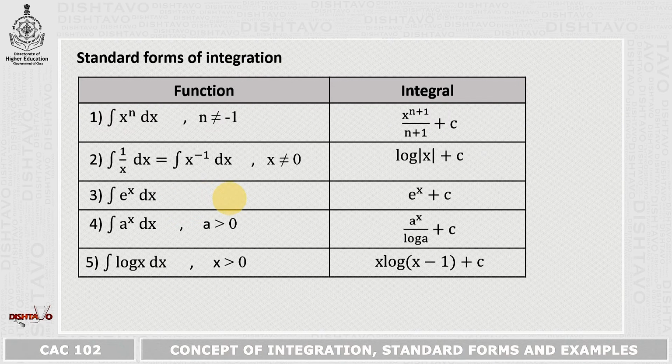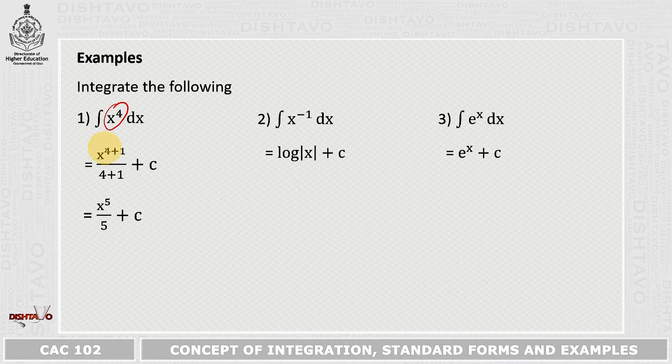So, the integral of that is x raised to n plus 1 divided by n plus 1. So, you have to add 1 to that power and write the same power after adding 1 in the denominator. Since our n was 4, it is x raised to n plus 1 divided by n plus 1.